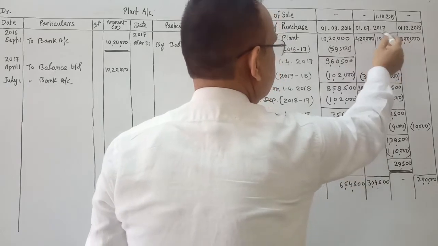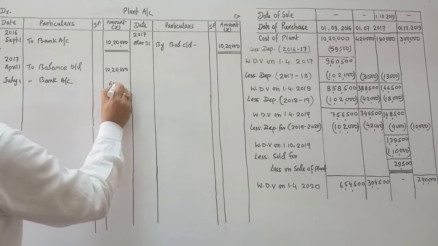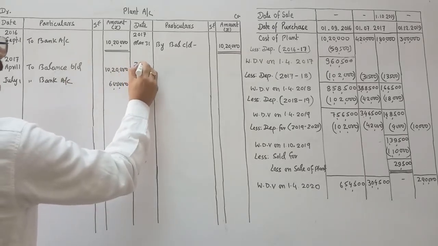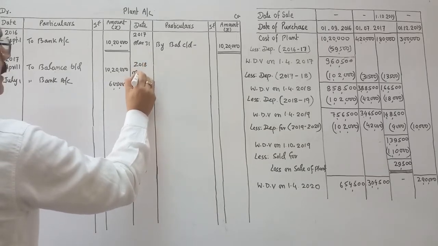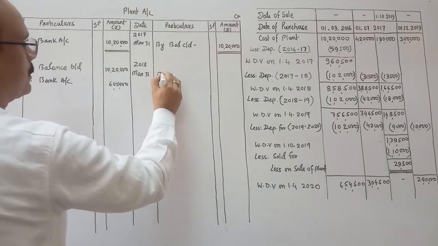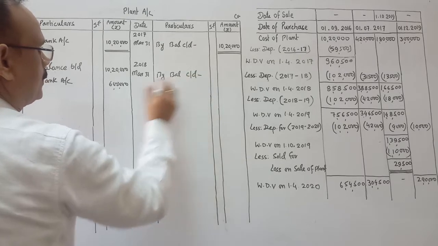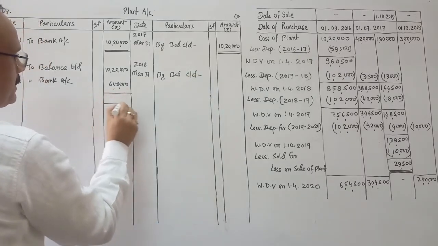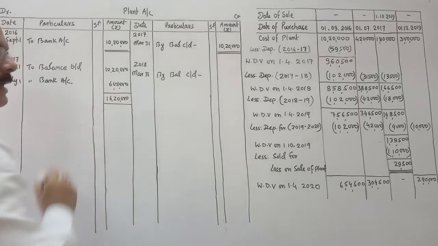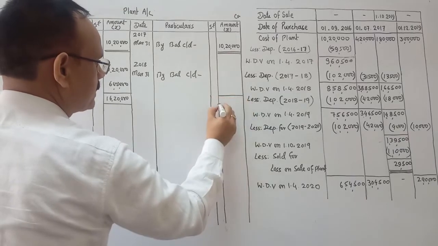6 lakhs, 4 lakh 20 plus 1 lakh 80, a 6 lakh machine is purchased on this date. Now in 2018, at the end of the financial year, we will find out the balance carried down. So the total of this side is 16,20,000. We will write the same total on this side.